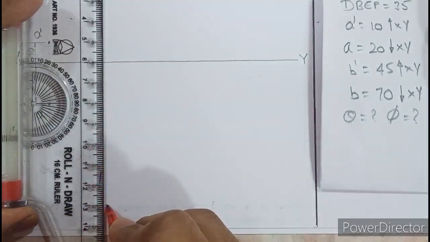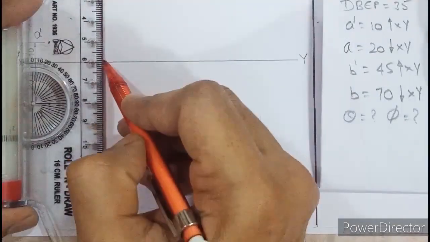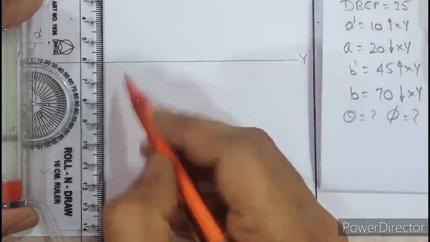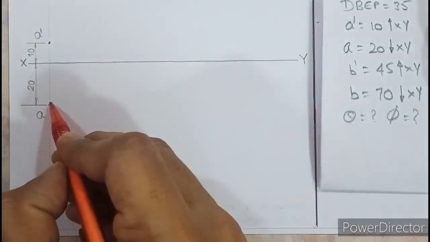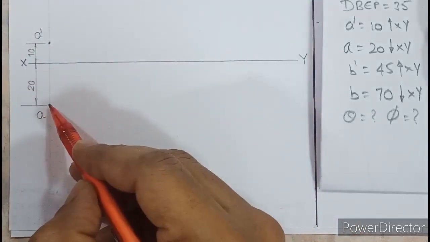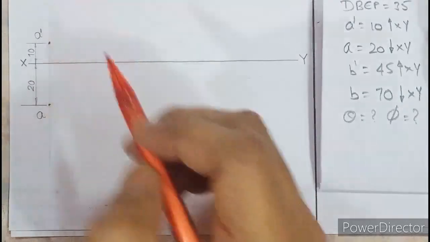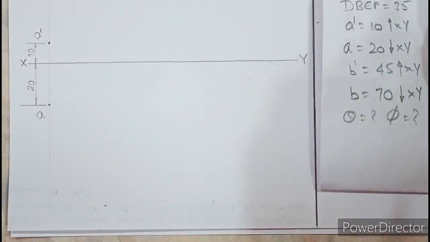Please remember these 2 points which I have marked, 45 and 70, should be measured from XY. By mistake, students measure from A. So by mistake students mark 70 from A and 45 from A dash. So they will get a wrong answer. You should be aware of this.